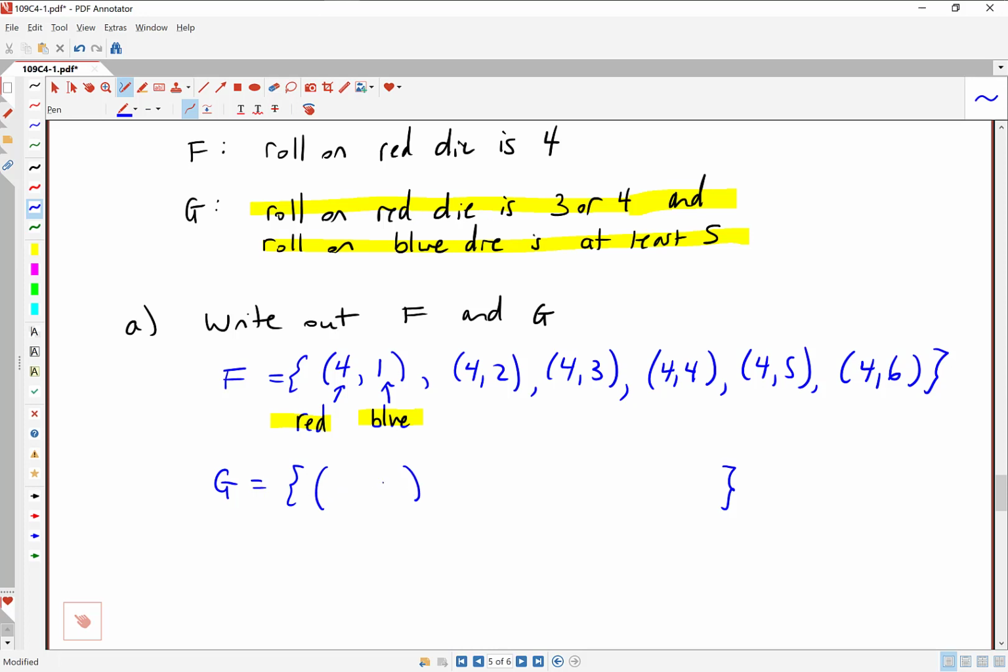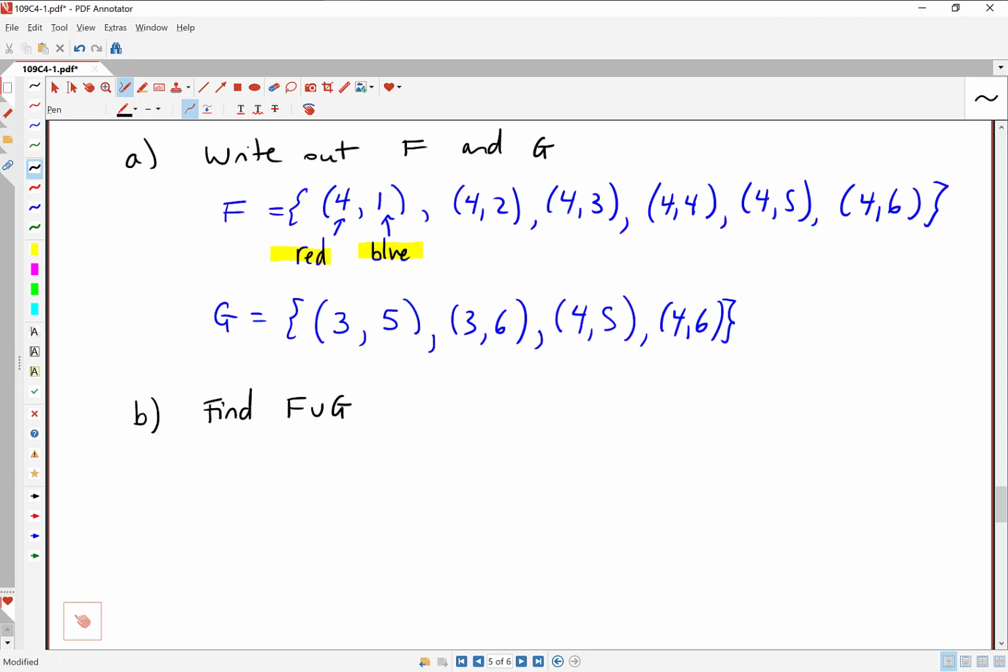The roll on the red die can be 3 or 4. And the roll on the blue die has to be at least 5. So we could have (3, 5). We could have (3, 6). So we've captured the possibilities where the red die is 3, and we've allowed the blue die to be either 5 or 6. And then there are a couple other possibilities where the red die is 4. So we could have (4, 5), and (4, 6). So 4 different outcomes in that event.